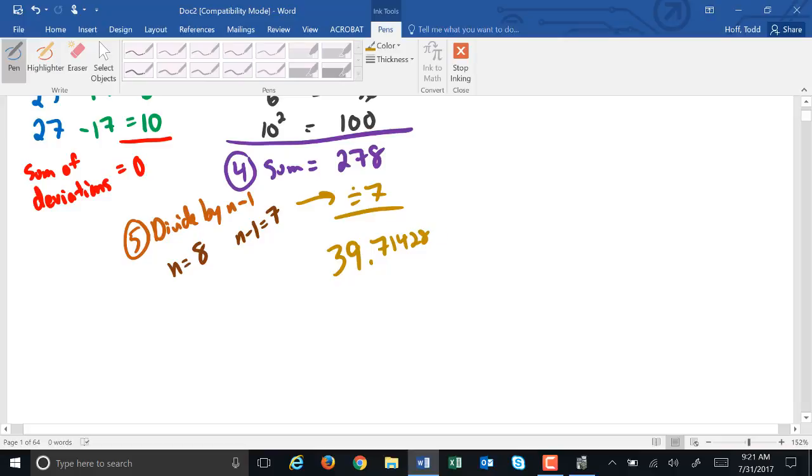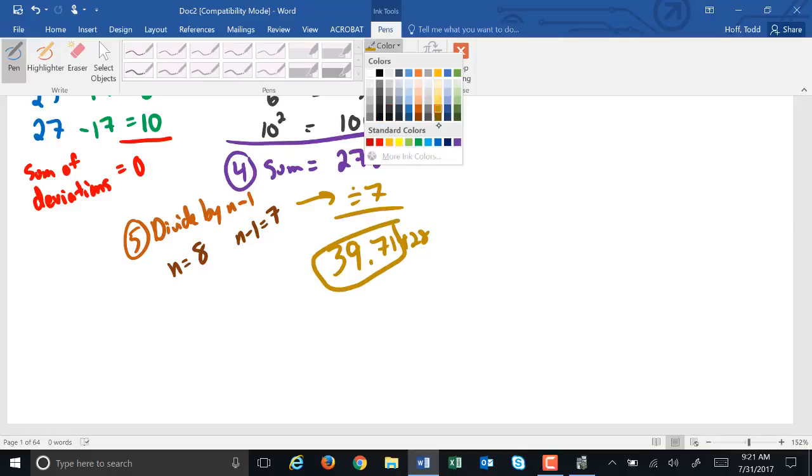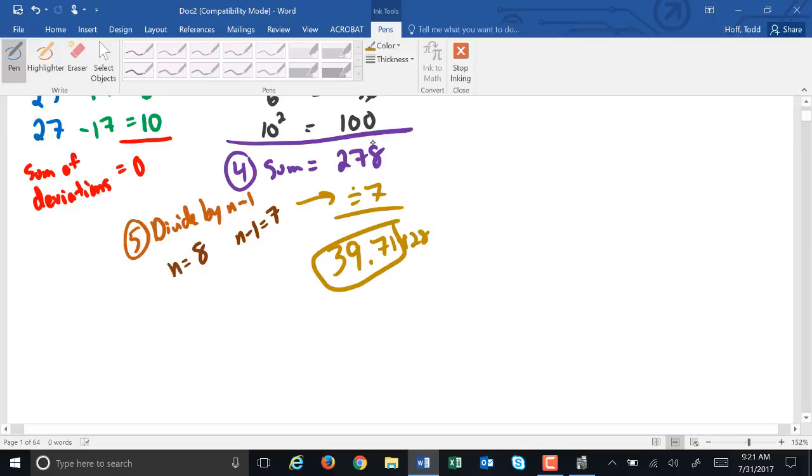We'll stop there. 38.71, we'll call it. And of course, that is the variance.